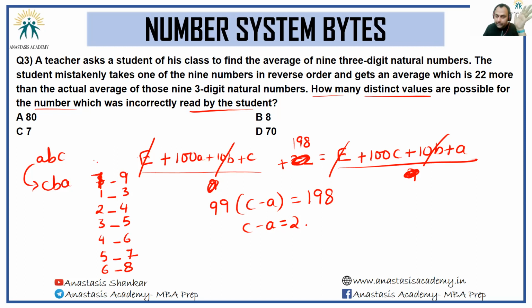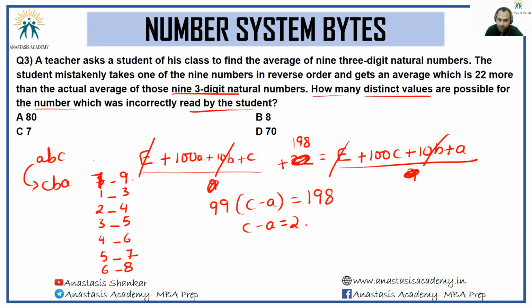We cannot have the leading digit as 0, and even if I reverse it, it cannot be 0, because he mistakenly took one of the 9 3-digit numbers in reverse order. So he could not possibly have taken 8 blank 10. 10 was not available, no? Okay. So these cases are there.